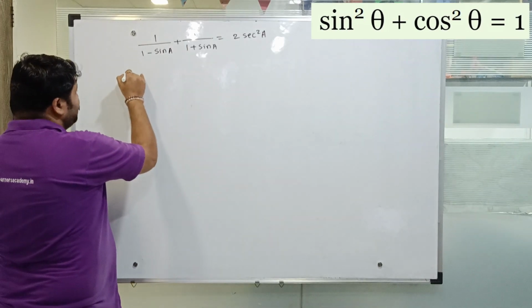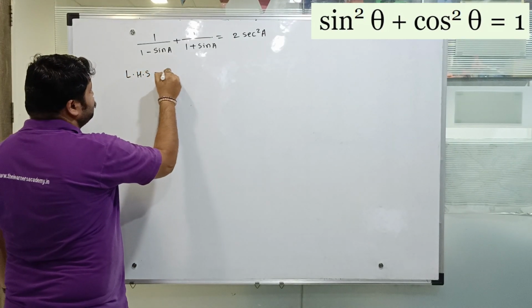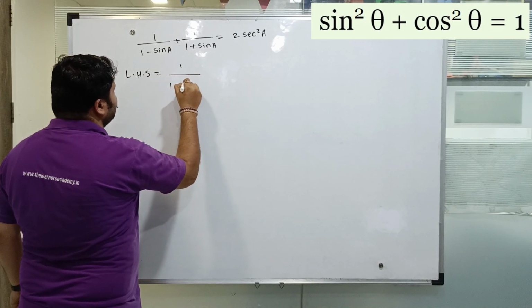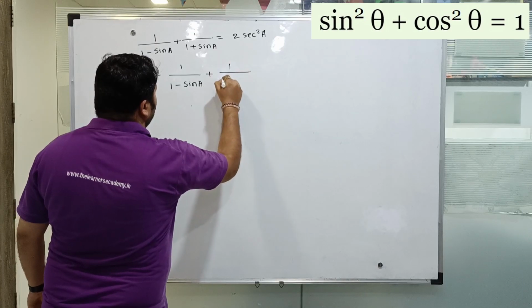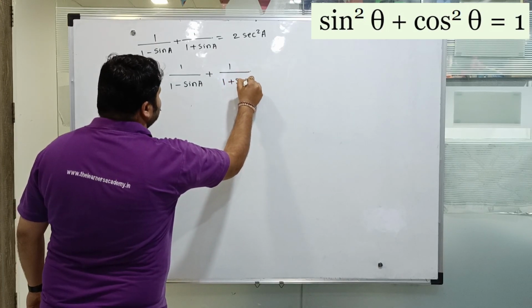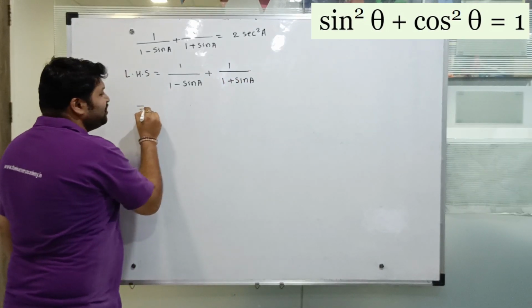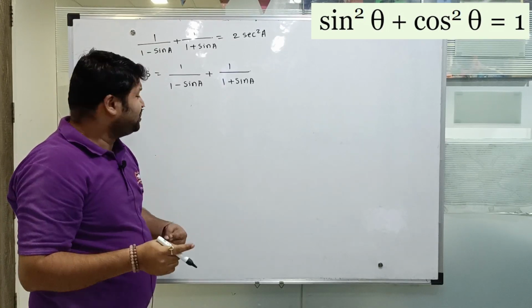So my LHS, left hand side, is equal to 1 upon 1 minus sin a plus 1 upon 1 plus sin a. Now since their denominators are not same, I will have to cross multiply them.